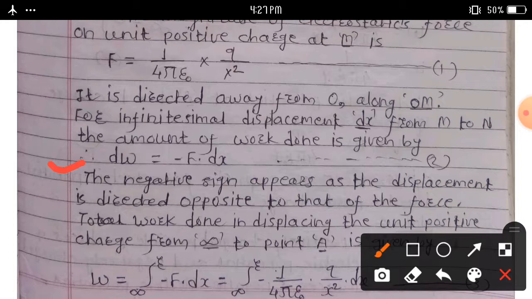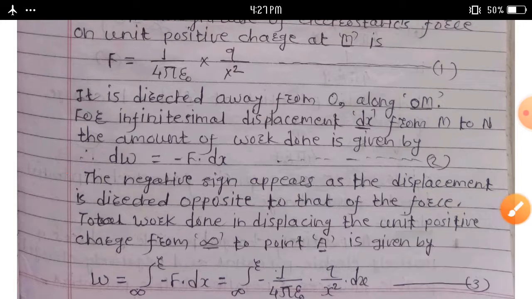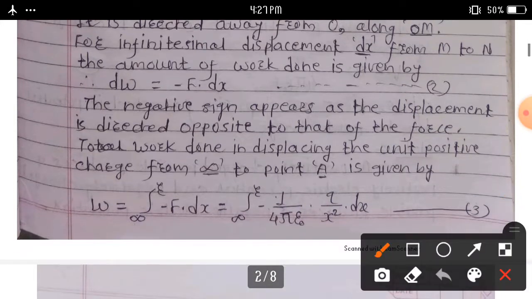Then we can calculate the total work done in displacing the unit positive charge from infinity to A by taking the integration: W is equal to integration from infinity to r of minus F into dx.